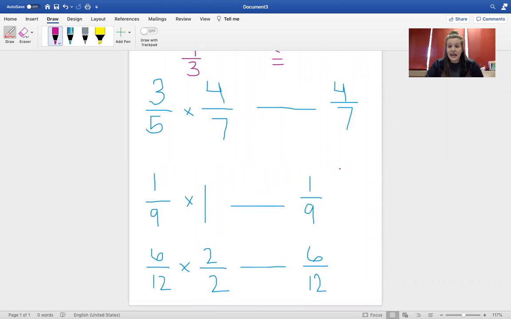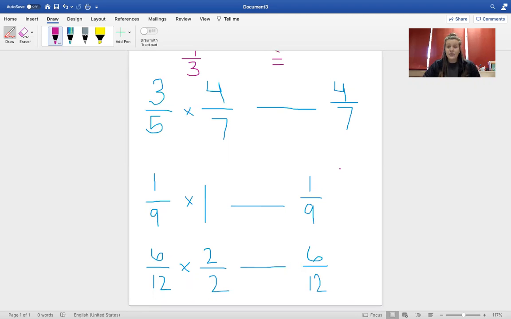Okay? We have 3/5 times 4/7, and we are comparing it to 4/7. I want you to take a guess. Do you think that 3/5 times 4/7 is going to be greater than, less than, or equal to 4/7? So I want you to think. 4/7 is multiplied by a number that is less than 1.